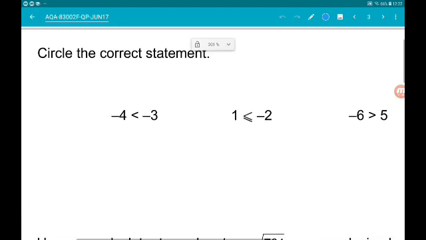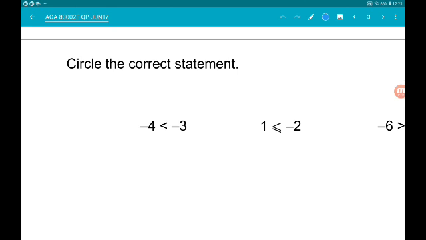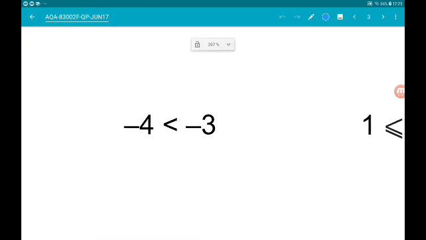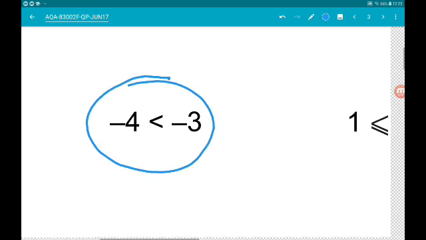Question 4 wants us to circle the correct statement. So we've got inequalities. This first one means -4 is less than -3. So that is actually the one we want.